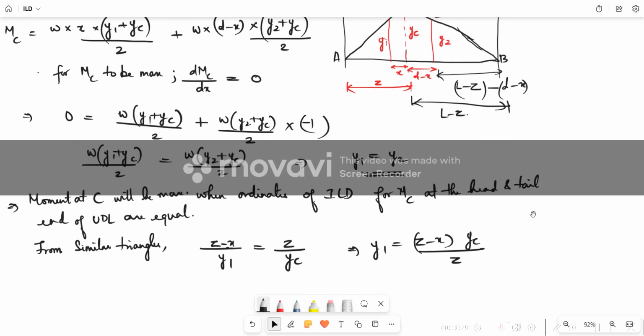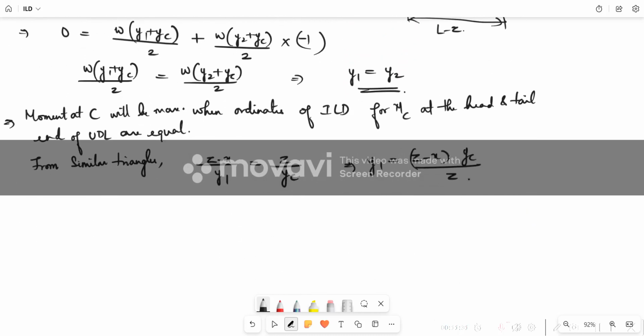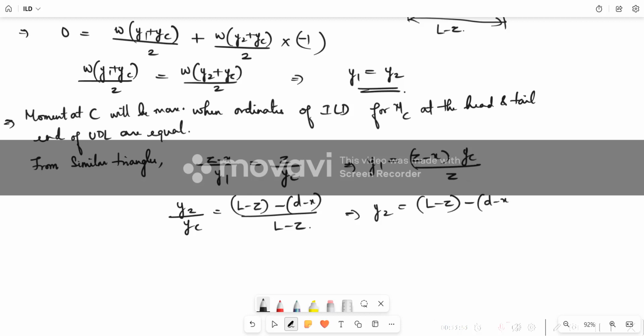So I can write y2 by yc is equal to (L minus z minus (d minus x)) divided by (L minus z). Or from this, y2 is equal to (L minus z minus (d minus x)) into yc, whole divided by (L minus z). Now, substituting and equating.